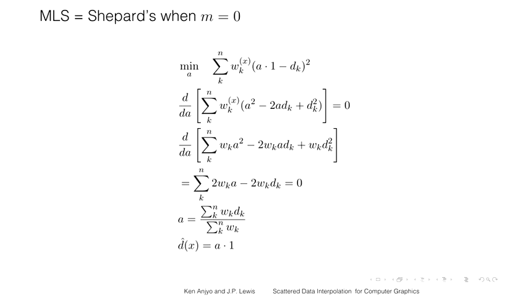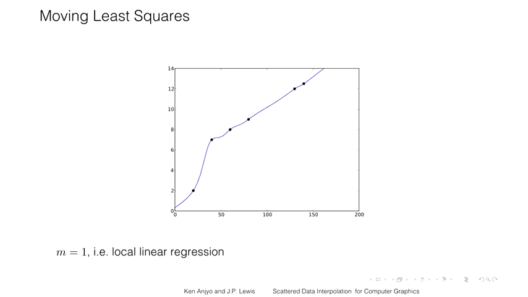Now, one thing to point out is that moving least squares is actually a generalization of Shepard, or vice versa. Shepard's is a special case of moving least squares. So throughout this section of the talk, I'm going to be using this set of data points. This is moving least squares applied to this, with our model being a line fit, local linear regression.